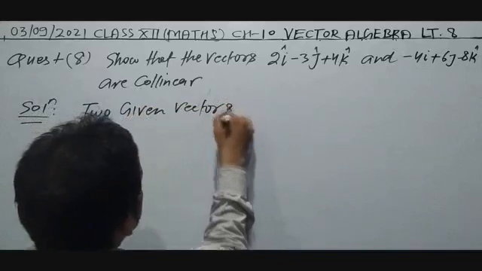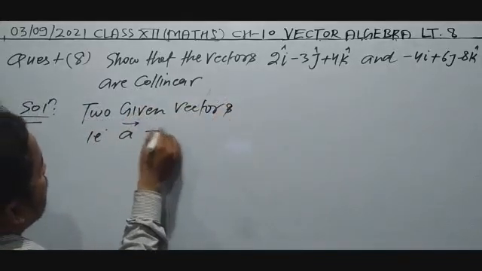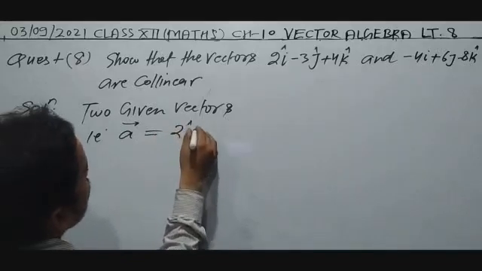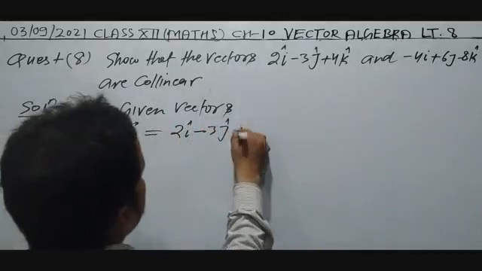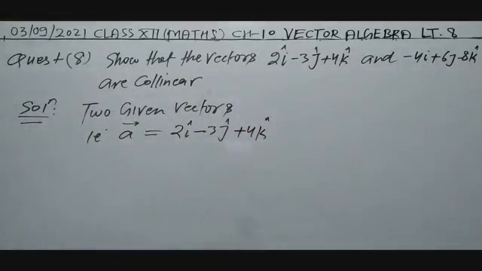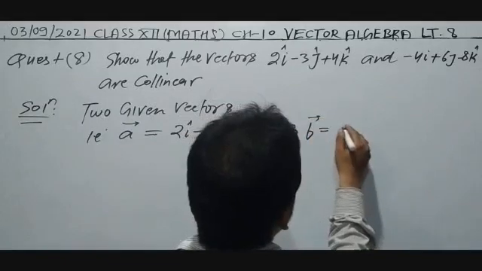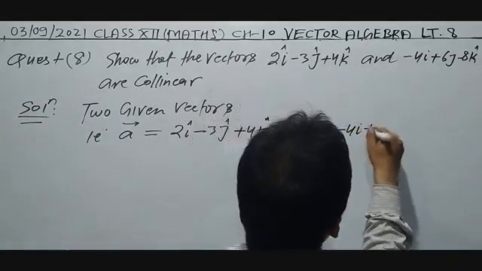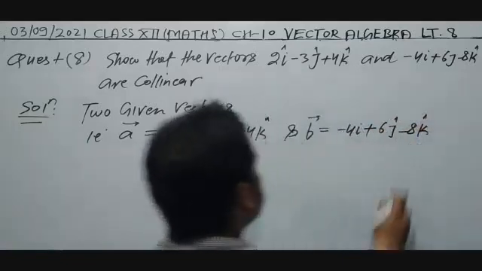Two given vectors, that is vector A is equal to 2i minus 3j plus 4k and vector B is equal to minus 4i plus 6j minus 8k.